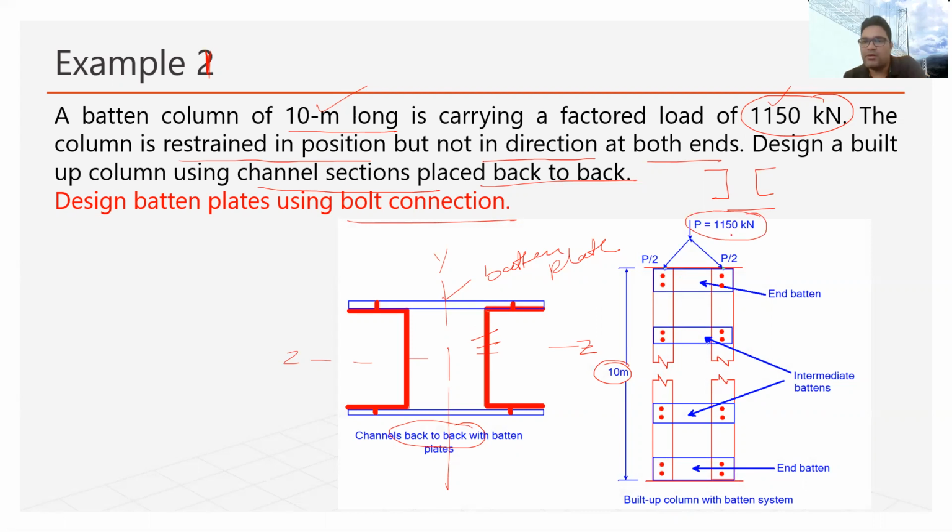This load will be divided equally on both channel sections, so one channel section carries half of this load, P by 2. Further, the battens holding these two members will experience the V value, which is the transverse shear, and this V will ultimately induce the longitudinal shear and moment in the batten.